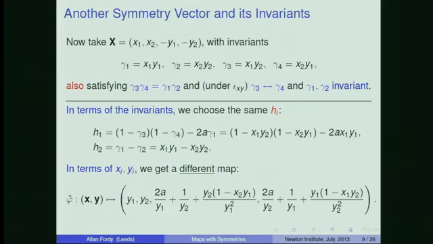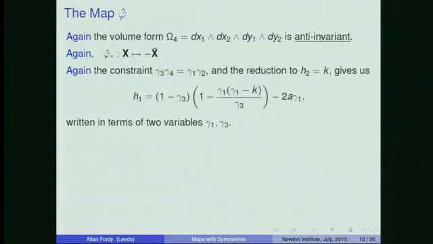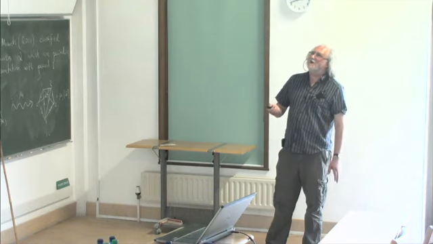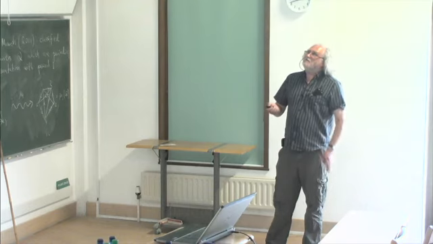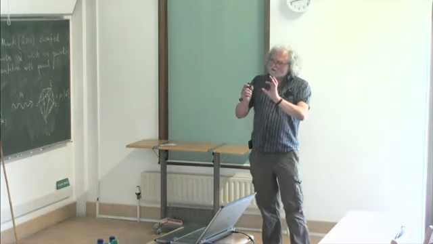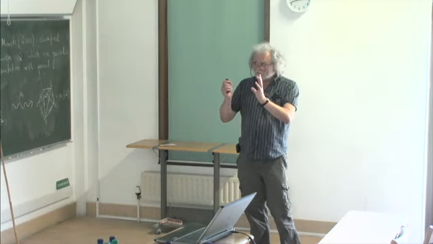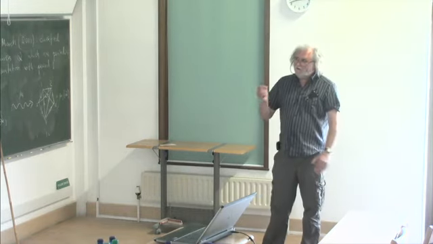But the same procedure for reduction works, so you can go down through the same. This volume form is still anti-invariant. This vector field still goes to minus itself under the map. The H, because of the way it was built out of the invariants, satisfied the same condition.